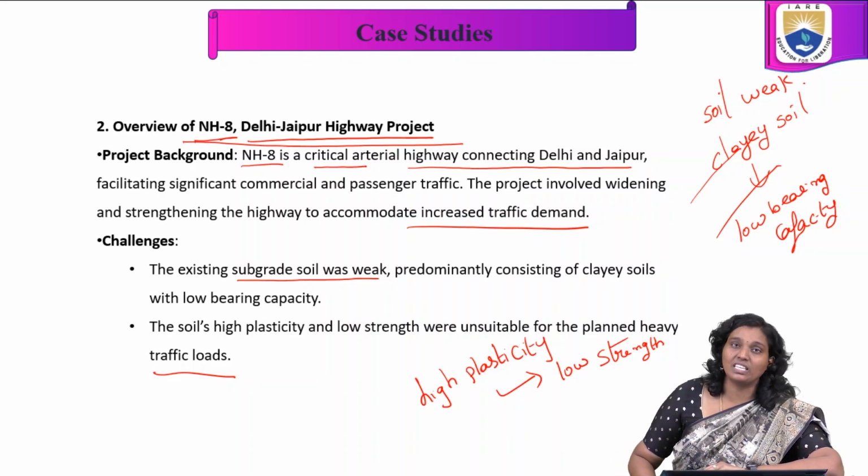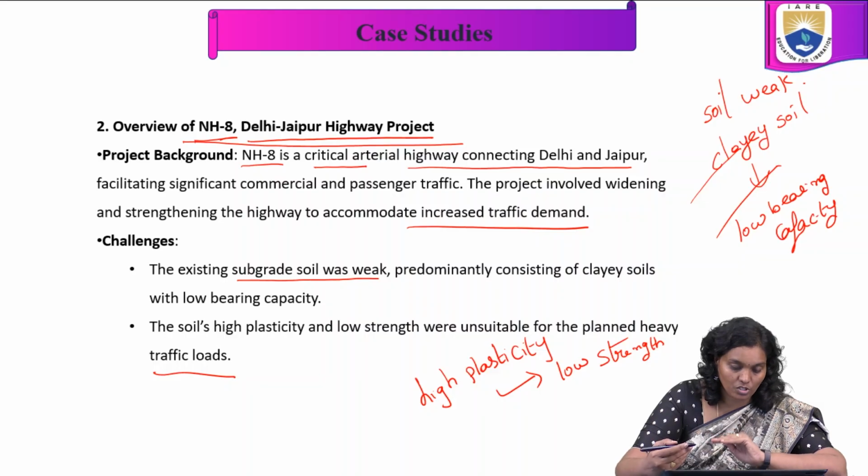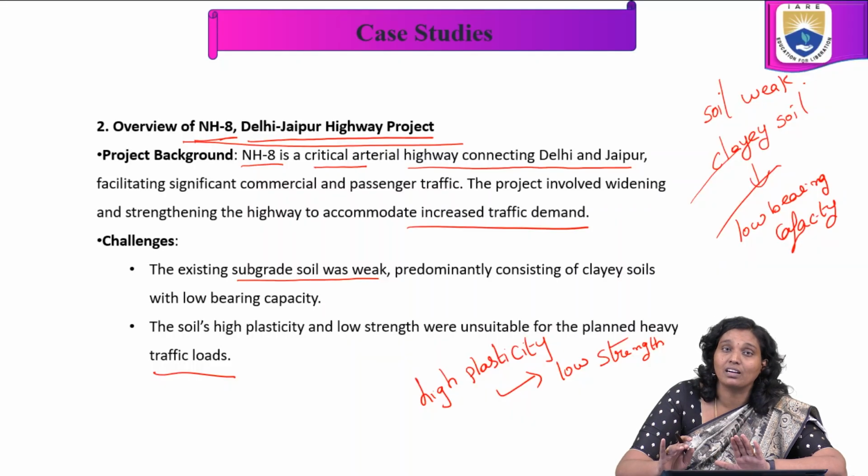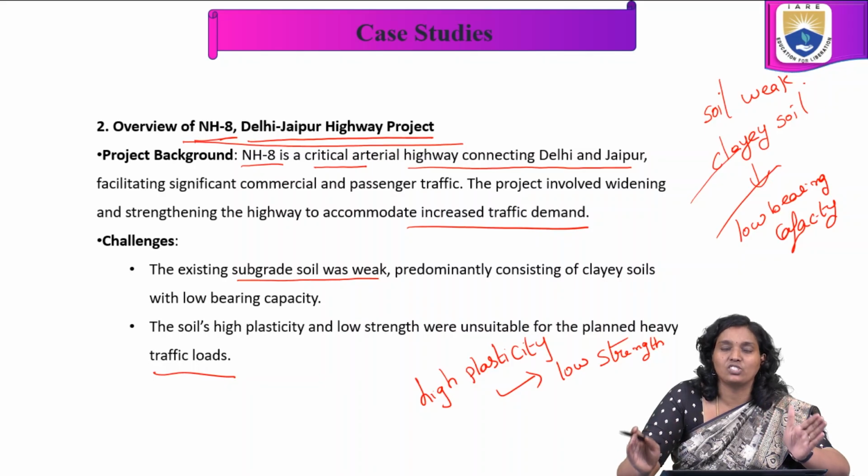Now, let us move on to the various challenges and, based on these challenges, the various solutions and the parameters involved in this case study. Overall, this is a national highway, and because the traffic demand has increased, we are widening and strengthening the existing project.